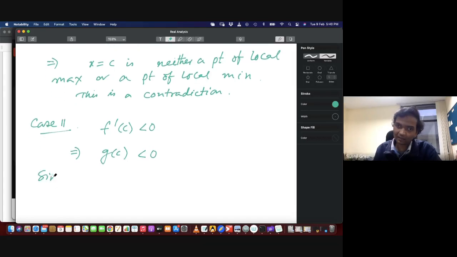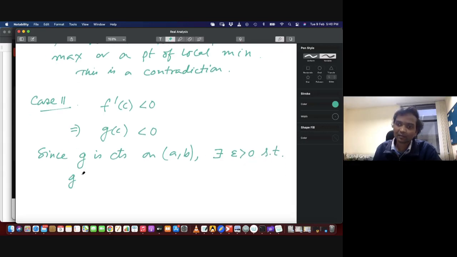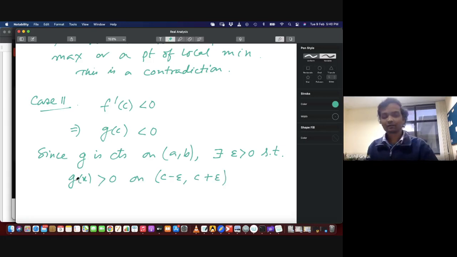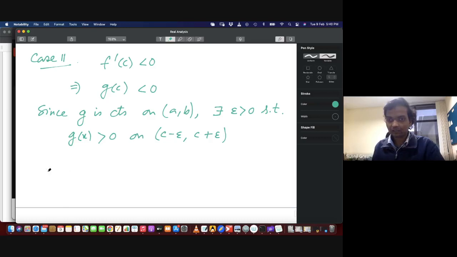Again, since g is continuous on AB, there exists epsilon greater than 0 such that g of x is less than 0 on c minus epsilon to c plus epsilon. All right. Oh sorry, it's less than 0, right? This is less than 0.